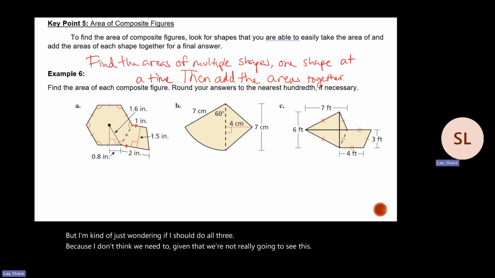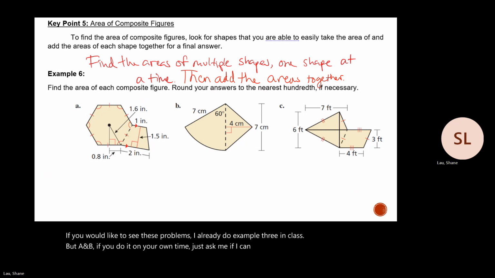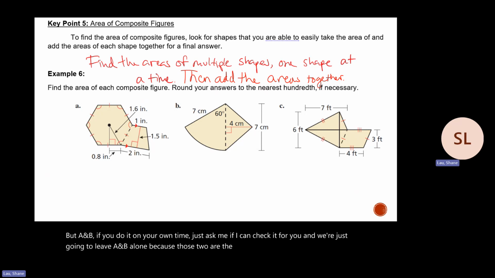We'll do it this way. If you would like to see these problems, I already did example 3 in class. But for A and B, if you do it on your own time, just ask me if I can check it for you. We're just going to leave A and B alone because those 2 are the ones that take the most amount of time. Okay, we'll just do that. We'll do C though. I'll show you how to do C.